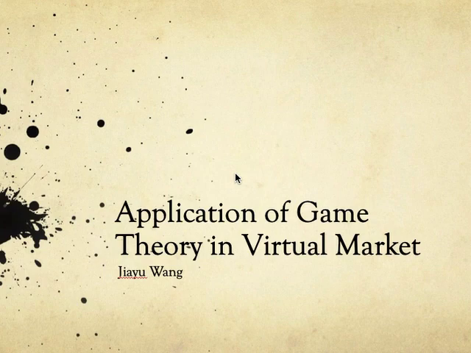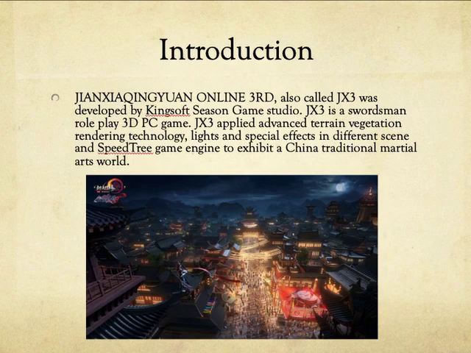First, let's introduce JX Third. The full name is Zhenxia Qingyuan Online Third. It's also called JX Third. It was made by the Kingsoft Seasun Game Studio. JX Third applied advanced terrain vegetation rendering technology, lights and special effects in different scenes, and a speech game engine to exhibit a traditional Chinese martial arts world.